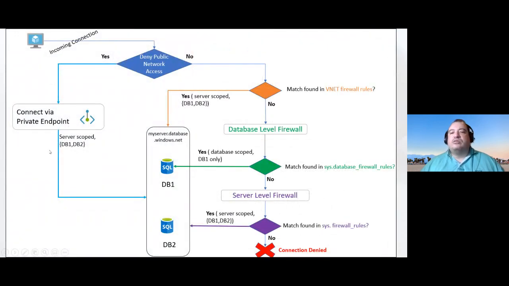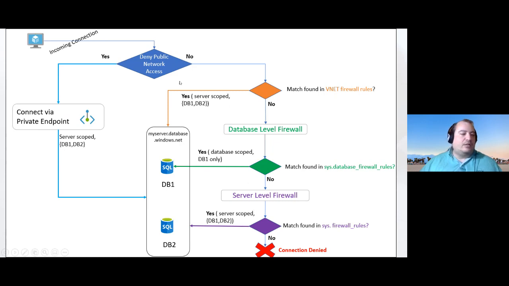So here we see another drawing about that. The database level firewall is checked first. There are other network configurations like the deny public access. If deny public access is activated, the firewall will not even be checked.